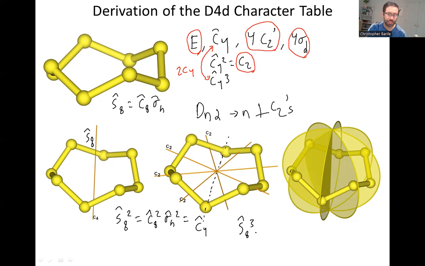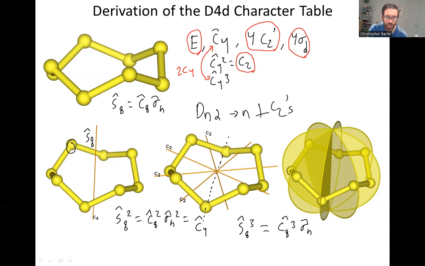What about S8 three times? That is going to be unique. That's equal to C8 three times, followed by sigma H three times, which is just equal to sigma H, because of the odd number of flips. You flip from bottom to top, then top back to bottom, then bottom to top. That's the same as just doing one sigma H. That's going to be unique, and you can see this exists, right?